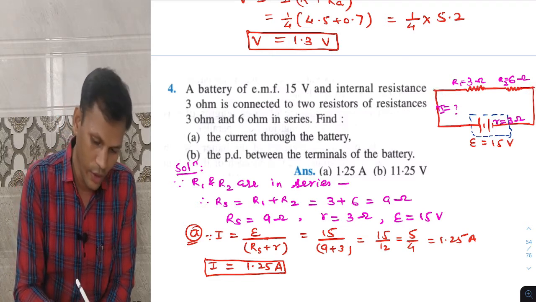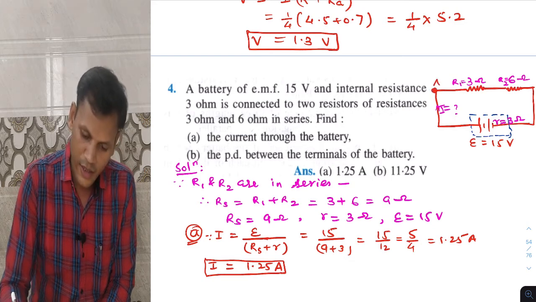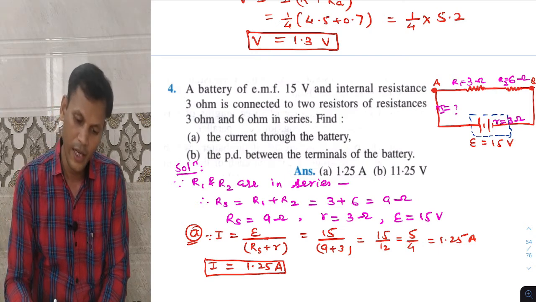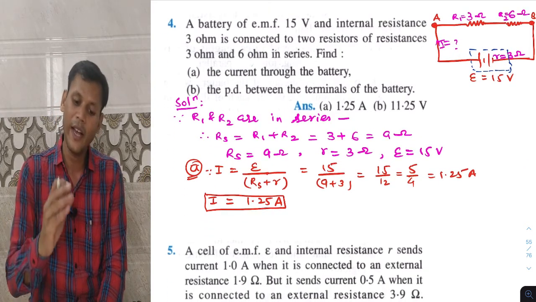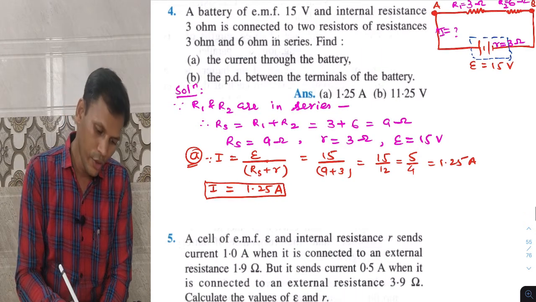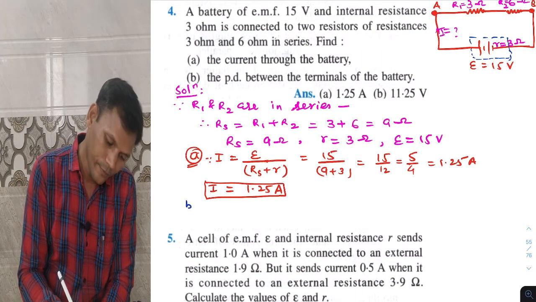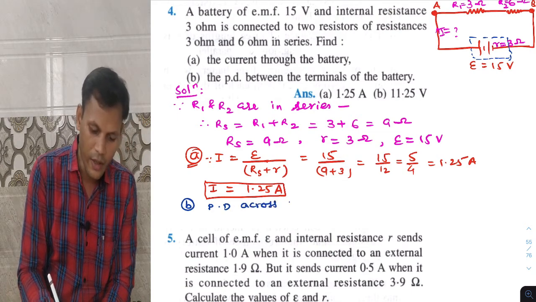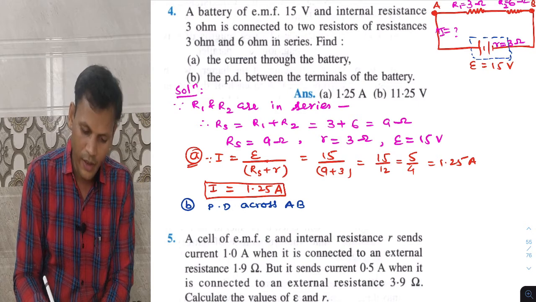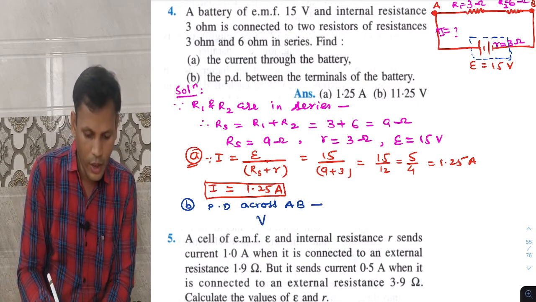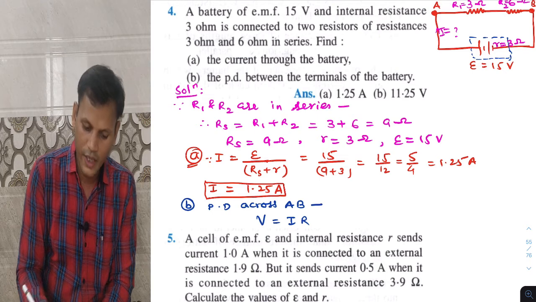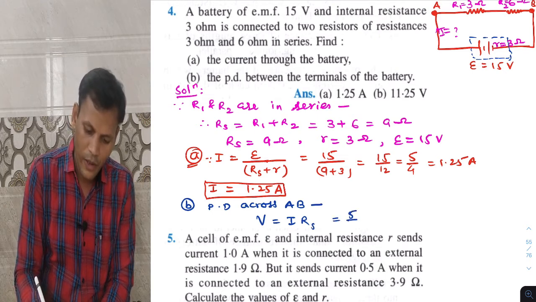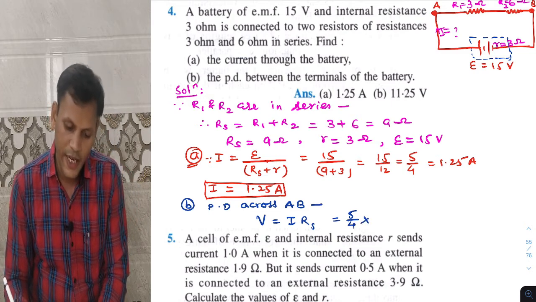I will point out here, this point is A and this point is B. So the potential difference across AB, across the terminals, so in B part we can say the potential difference across AB will be V is equal to I into R across AB, which is RS. So I is 5 by 4 into RS.